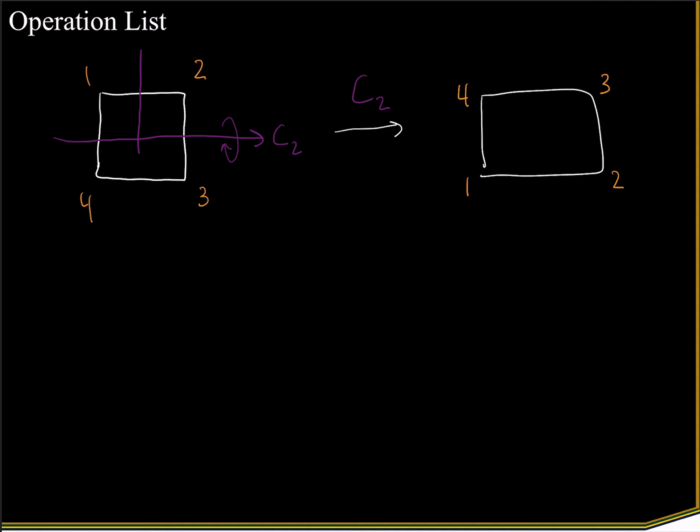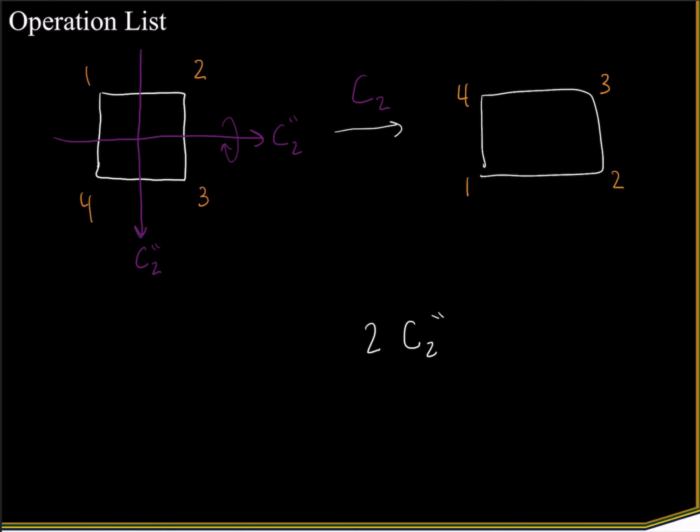Similarly, we can cut right down the middle and do this other C2, where 1 and 2 switch places and 3 and 4 switch places. And so again, we have these two other C2 double primes. These don't fit on our principal rotation axis, and they don't go through two of the corners of our molecule. So that makes this a separate type of C2 operation. It has a different axis of rotation than our previous C2.